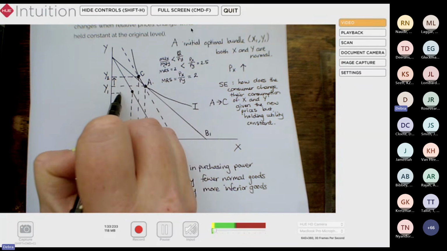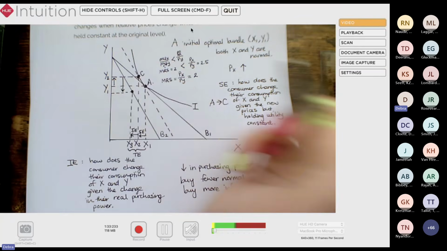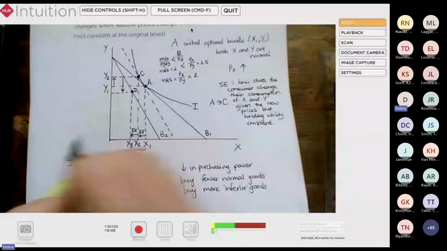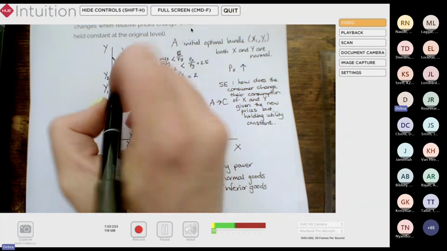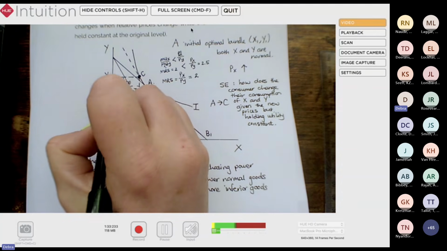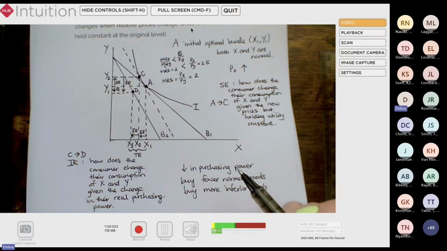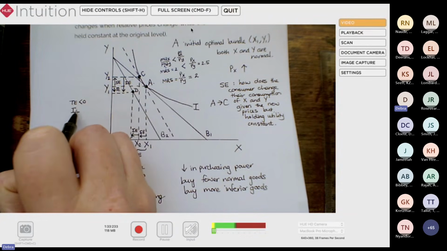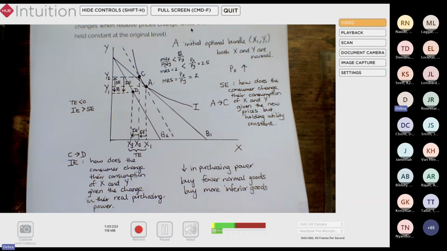This point also corresponds to a negative income effect for Y, because going from C to, I'm going to label this D. So going from C to D also gives me a negative income effect for Y, and this was my positive substitution effect for Y. And so my overall total effect for Y is negative, and the reason why is that the income effect dominates the substitution effect, the way that I have drawn this picture.